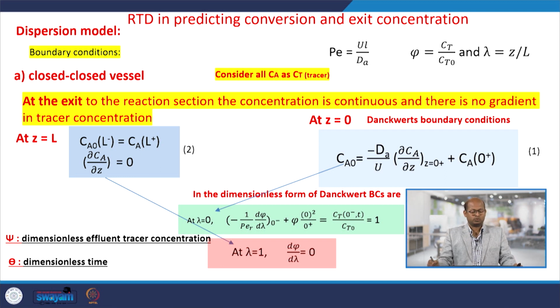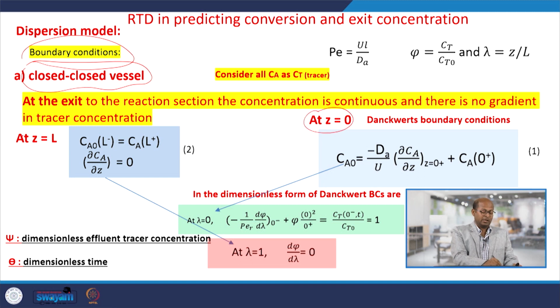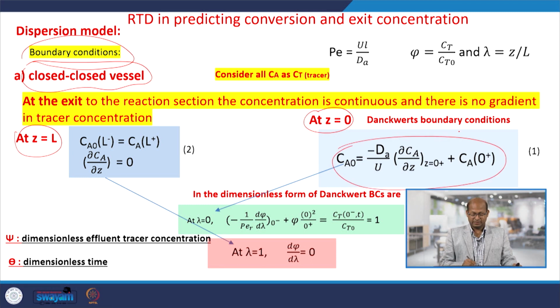One is the closed vessel boundary condition, and the other is the open vessel boundary condition. The closed vessel condition was considered at z equals 0 and z equals L. At z equals 0 the Danckwerts boundary condition was developed, and at z equals L this boundary condition was developed.